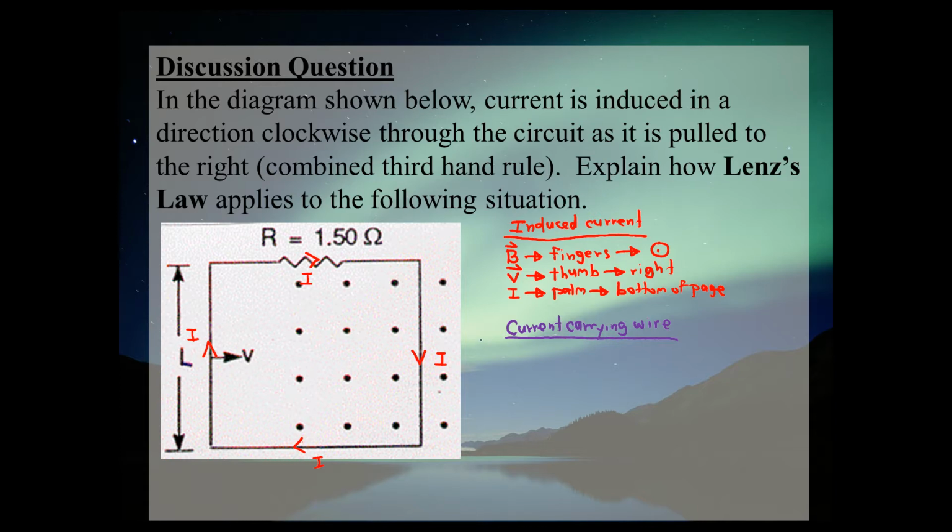Okay, so we can use a third-hand rule for a current carrying wire, which would tell me that B, your fingers, again, this is the one constant, is once again out of the page. For a current carrying wire, your current is represented by the direction that your thumb points. And we're just going to focus on this branch of the wire.